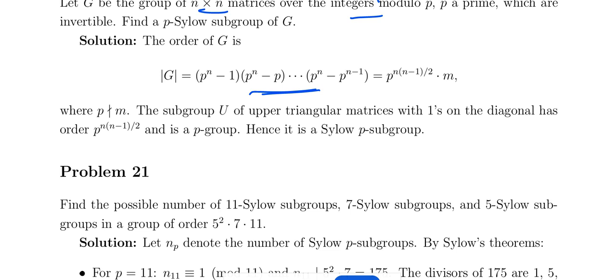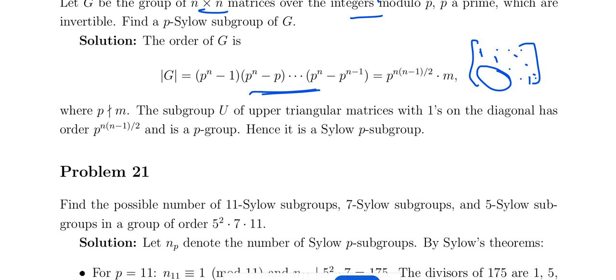That is the subgroup U of upper triangular matrices. In an upper triangular matrix the diagonal must be 1, there are some entries above, and the lower part is 0.